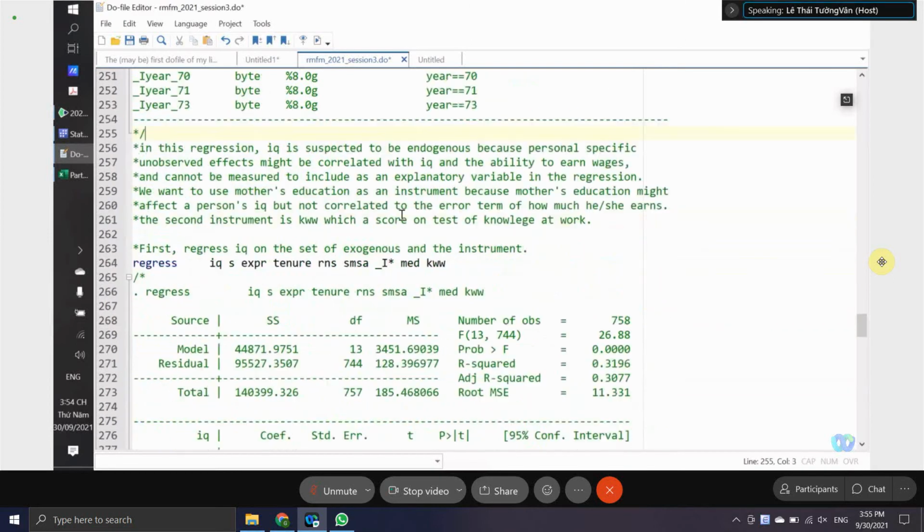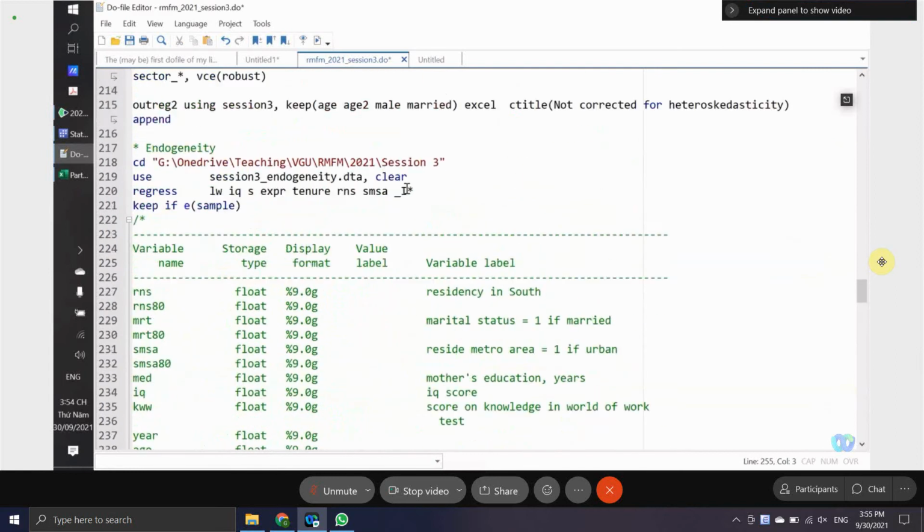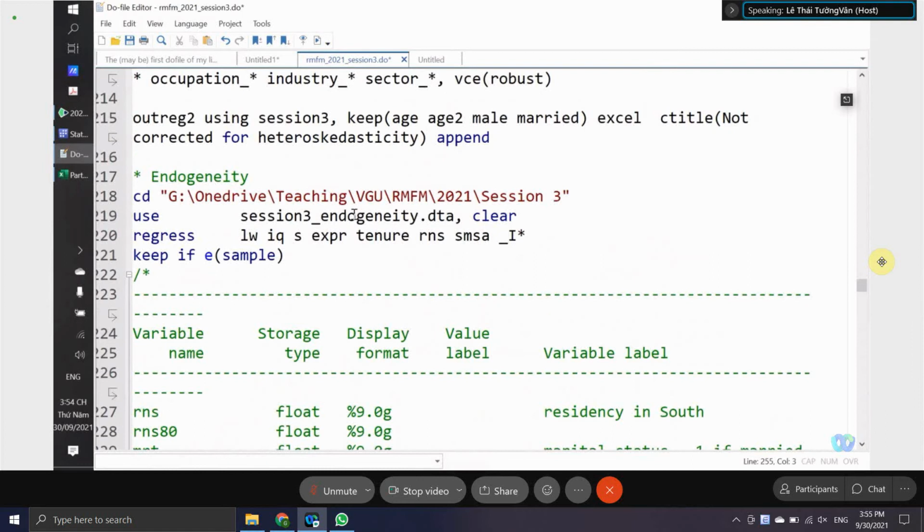Now, ladies and gentlemen, this is the key for you to understand the problem. You want to explain how IQ will influence your wages and salary.